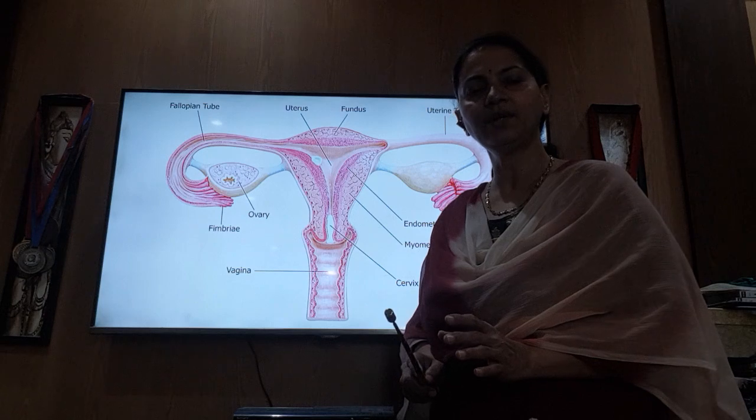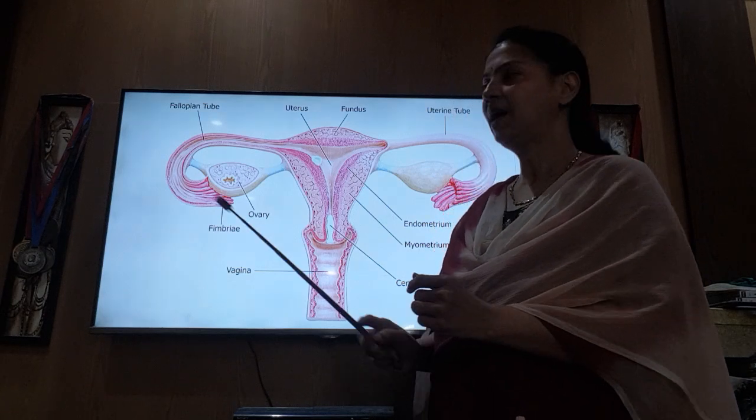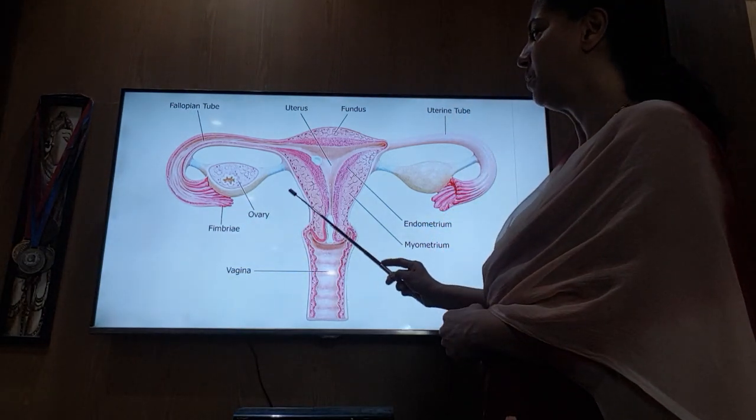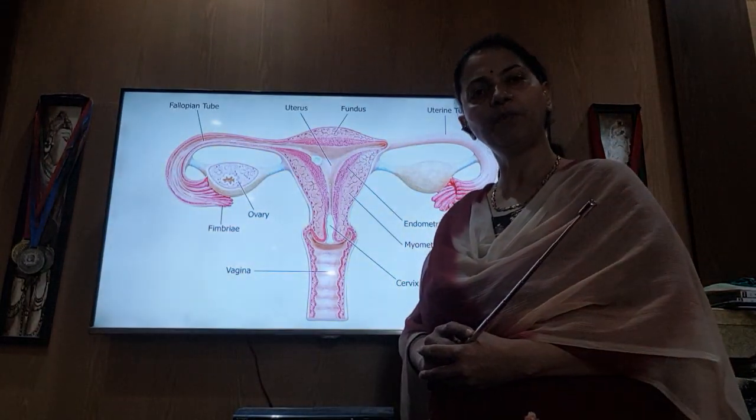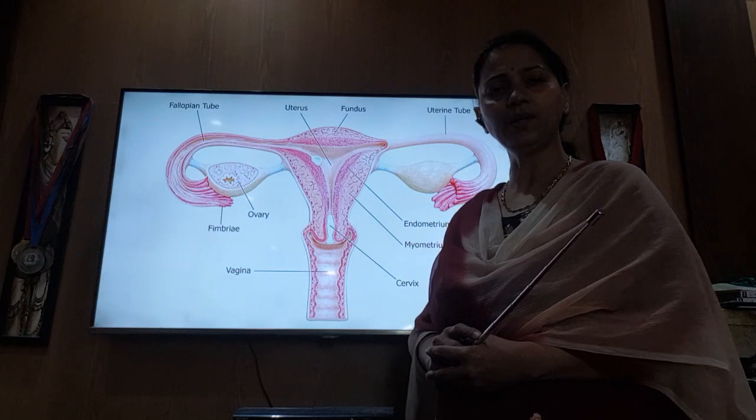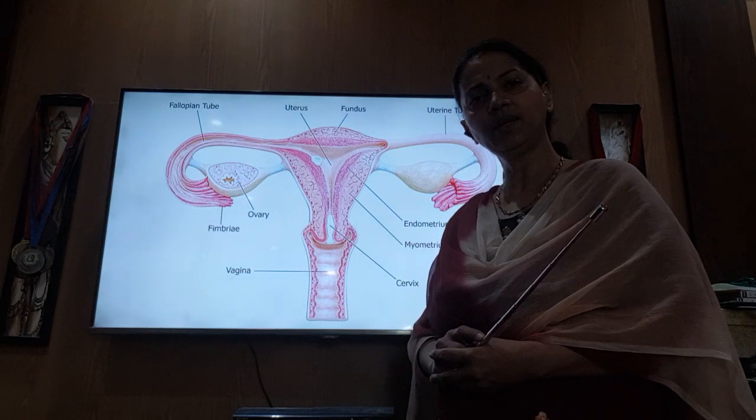But when they disintegrate, some parts are left, and two parts which are left are present here in the broad ligament, epoophoron and paroophoron. Okay, so these are the contents of broad ligament.